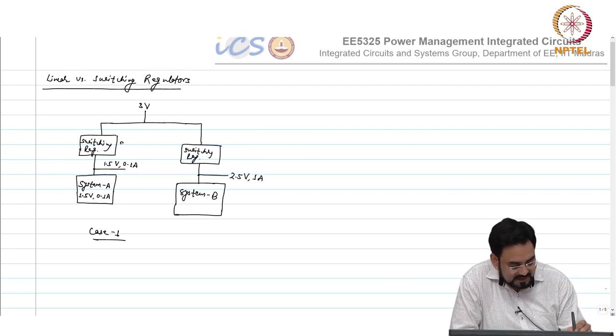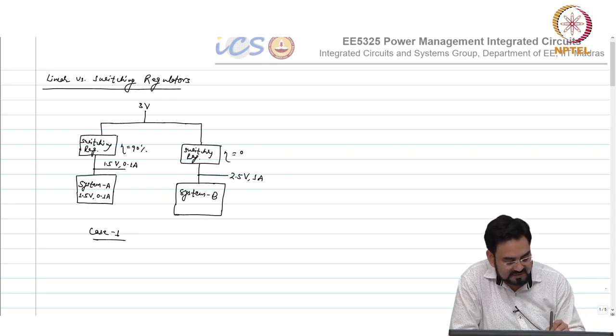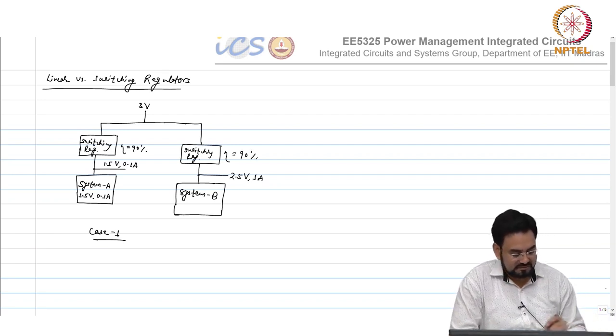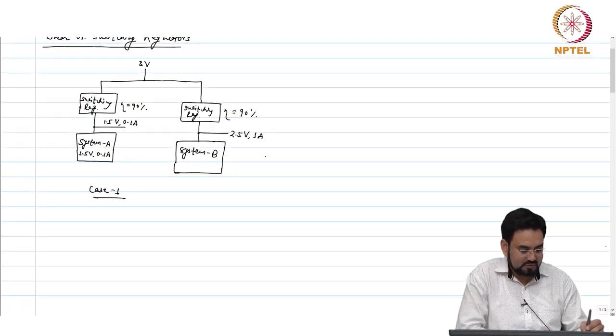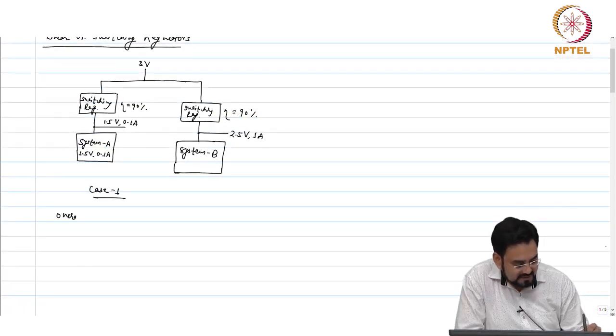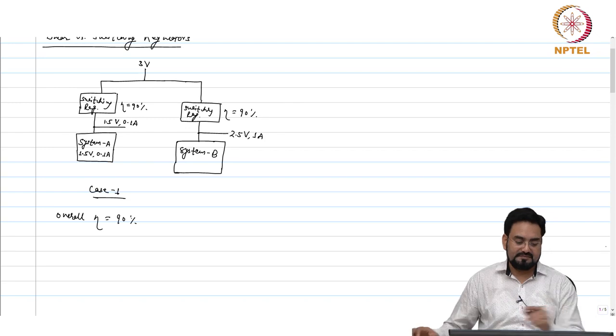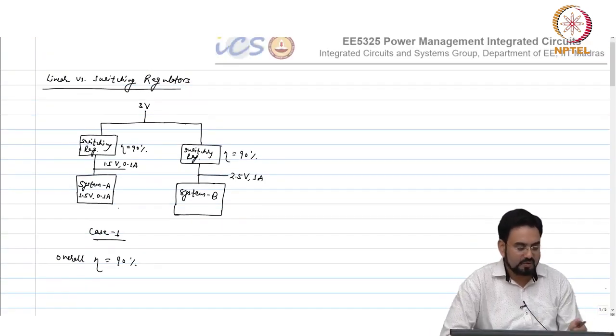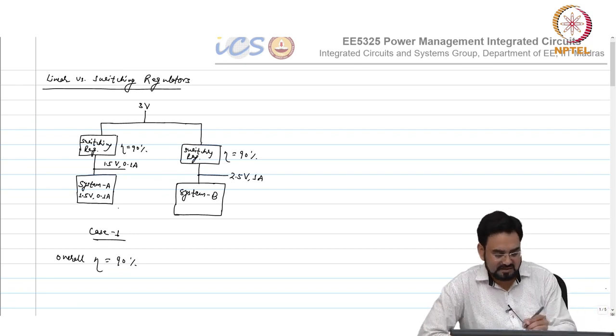Let us say the efficiency is 90% here, and for this case also the efficiency is 90%. So the overall efficiency will remain 90%.